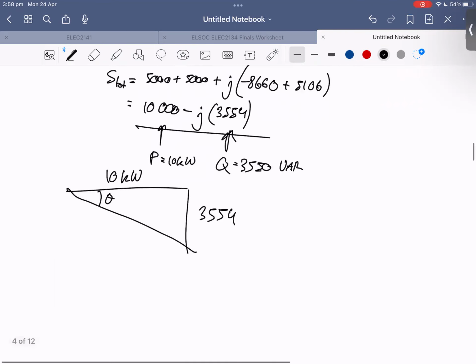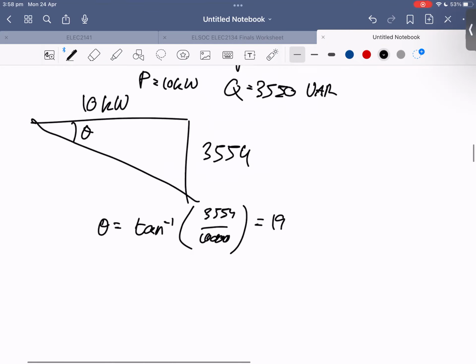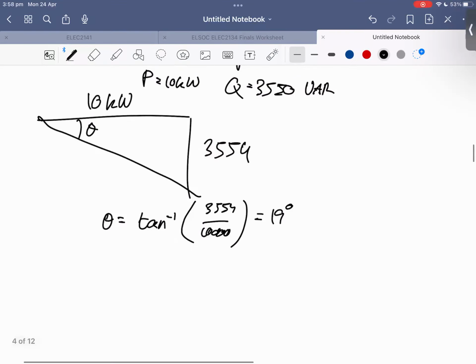And all I have to do is calculate the theta, or the angle, which I can get using tan, which is about 19 degrees. And if I do cos of that, I get 0.942. And that's leading, because the power angle is negative, so leading power factor.